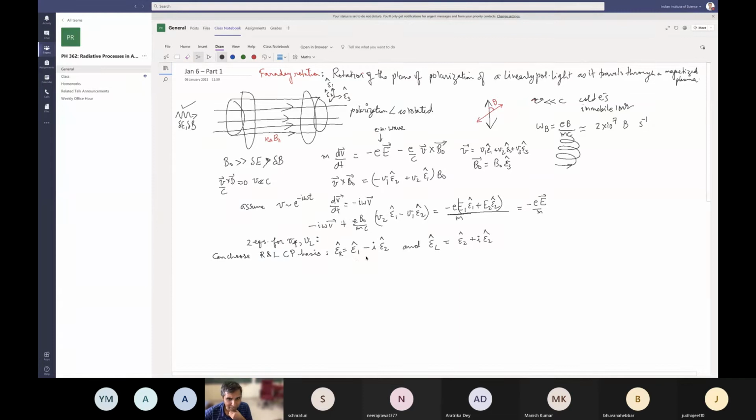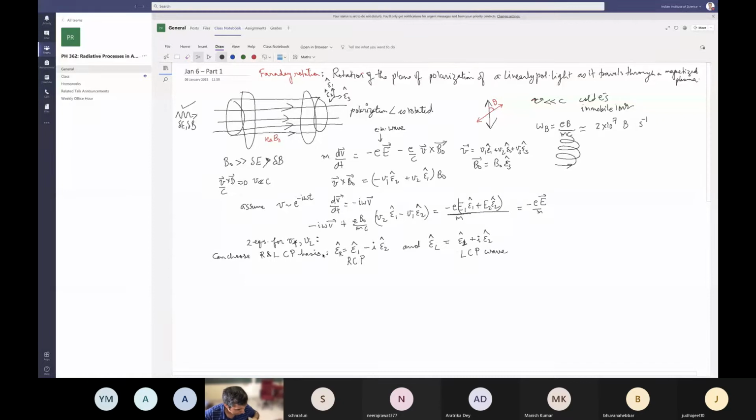This represents a right circularly polarized wave, and this is a left circularly polarized wave. And the utility of this will be clear.